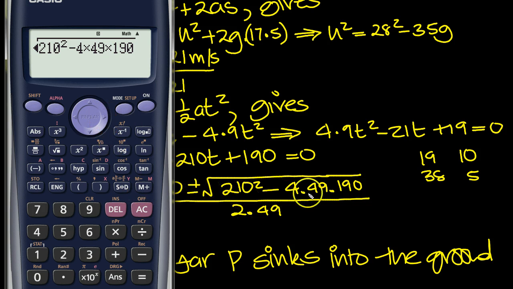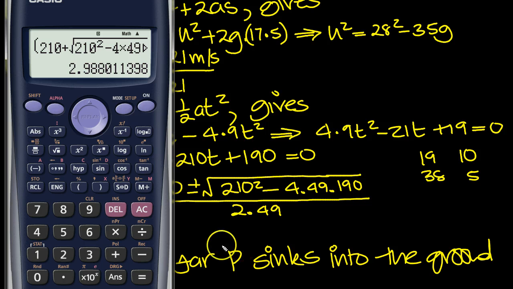So that's the top number, isn't it, with the plus. So if I put a bracket around that and go back, put a bracket around that number here, and then I need to divide it by 98, don't I? 2 times 49 is 98. So divide that now by 98 equals 2.988.